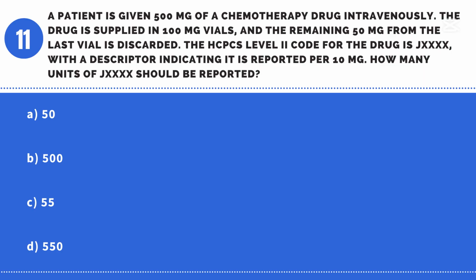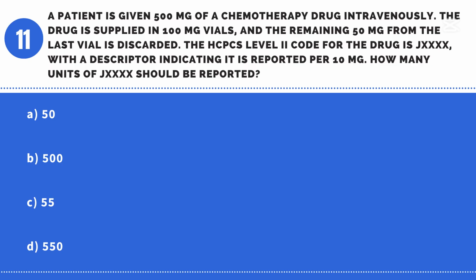Question 11. A patient is given 500 mg of a chemotherapy drug intravenously. The drug is supplied in 100 mg vials, and the remaining 50 mg from the last vial is discarded. The HCPCS Level 2 code for the drug is JXXXX, with a descriptor indicating it is reported per 10 mg.